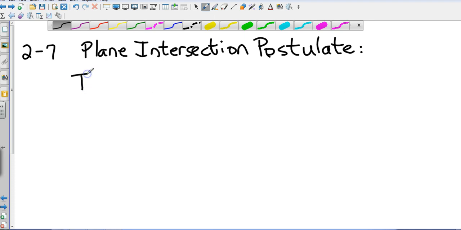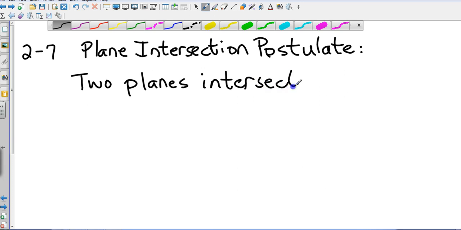So 2 planes intersect at a line. So think of the paddle wheel, think of the revolving door at an airport or a hotel or someplace, a grocery store, whatever the case may be. They are going to intersect at a line.